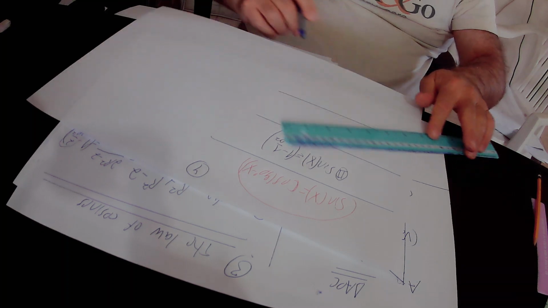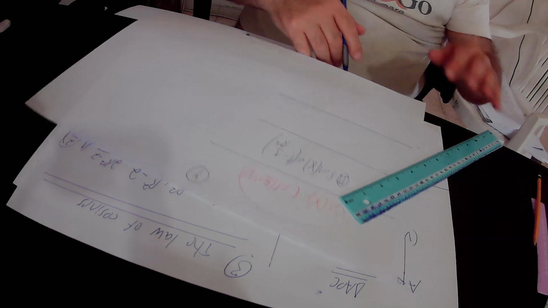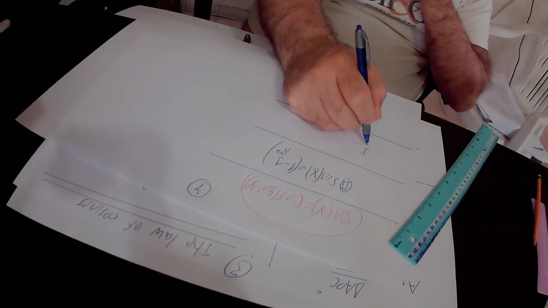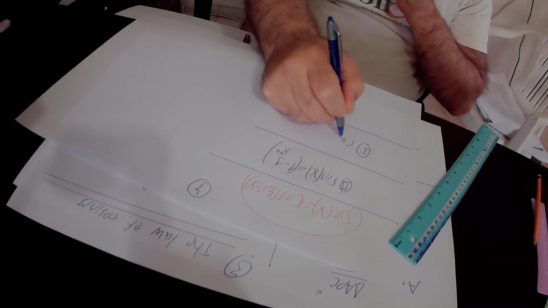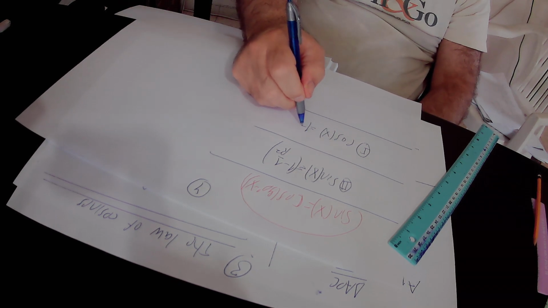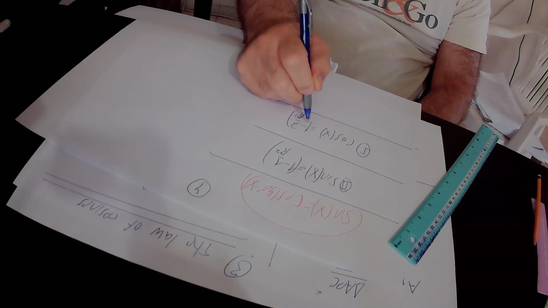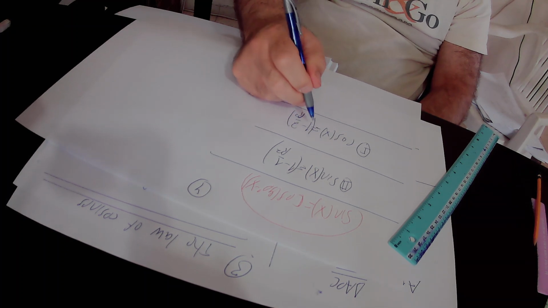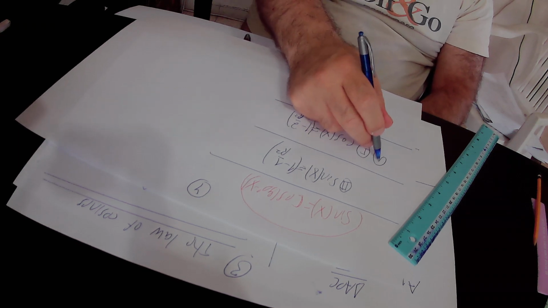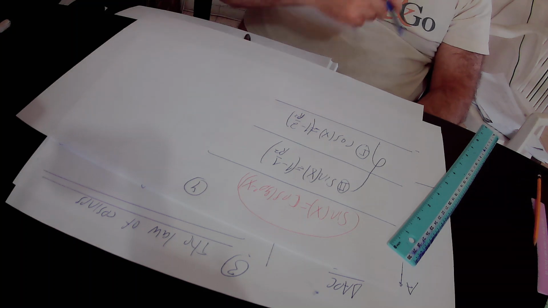But according to equation 1, we have already found out that cosine x equals 1 minus 2 over r squared. So we have the values of sin x and cos x in terms of r.